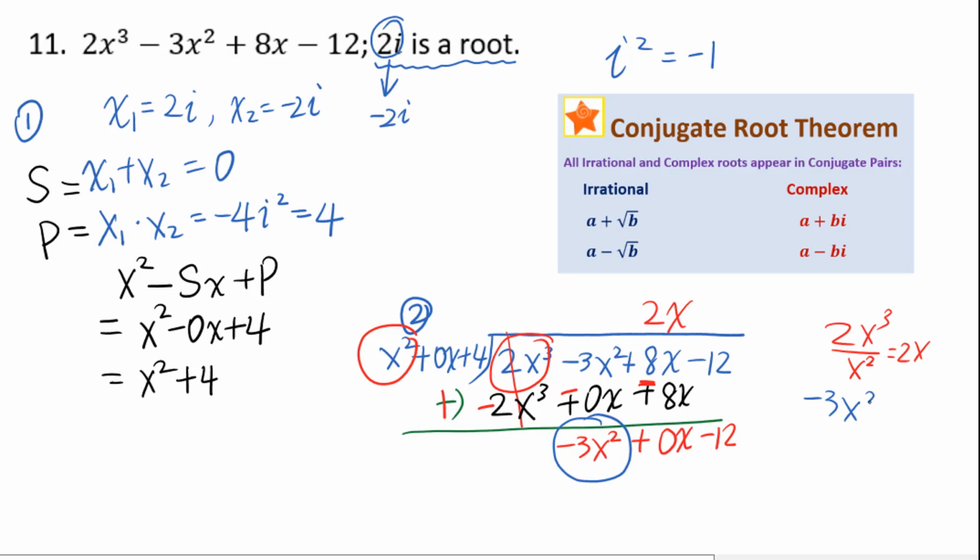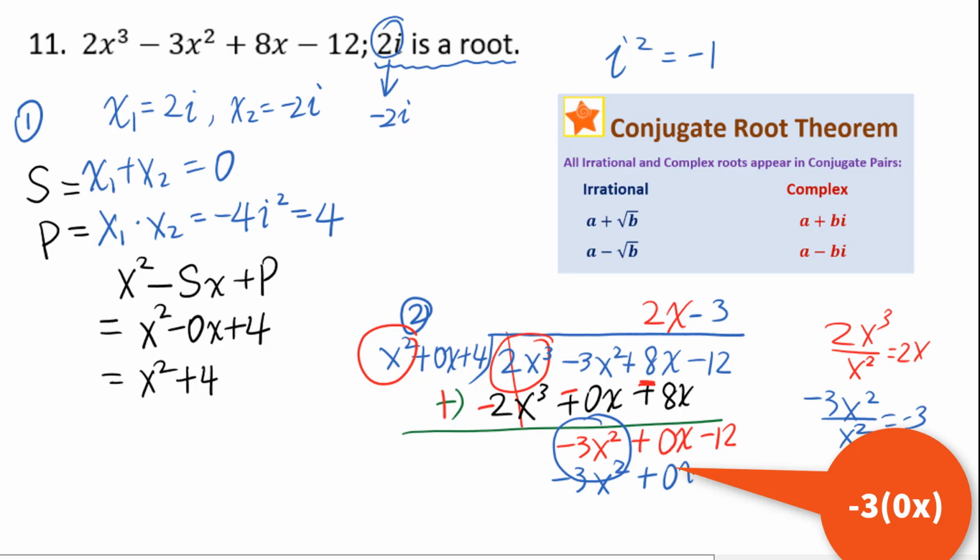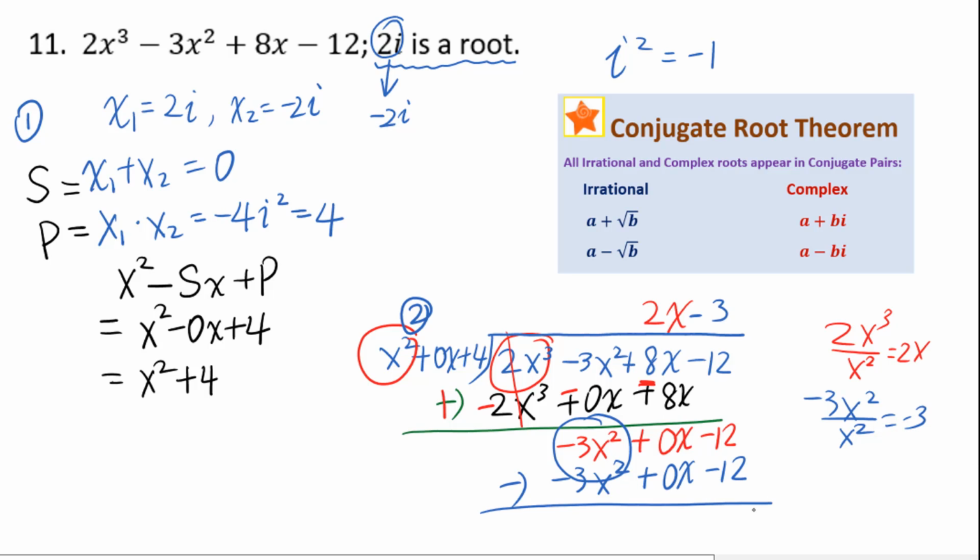Negative 3x squared divided by x squared equals negative 3. Negative 3x squared plus 0x minus 12. Subtract. You will get 0 definitely.